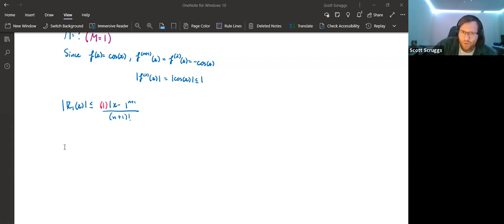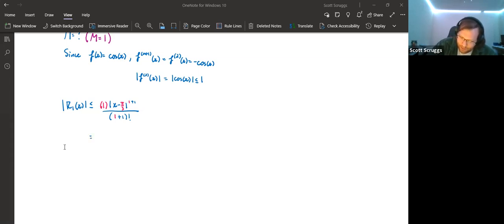Second, we know that the center of my Taylor polynomial is pi over 3, so that goes away. And we also know that n is 1, so I can erase the n and replace it with 1 now.